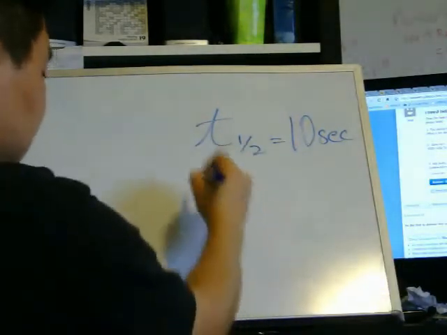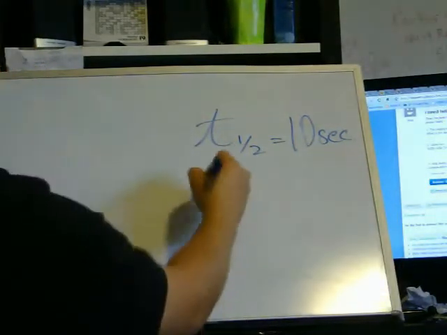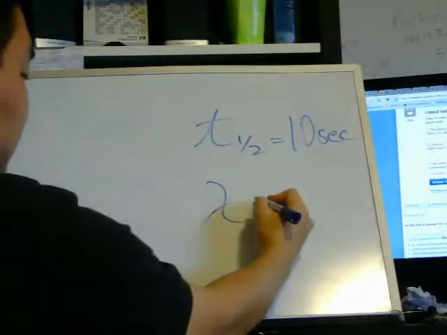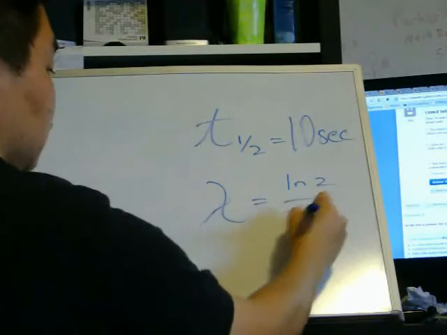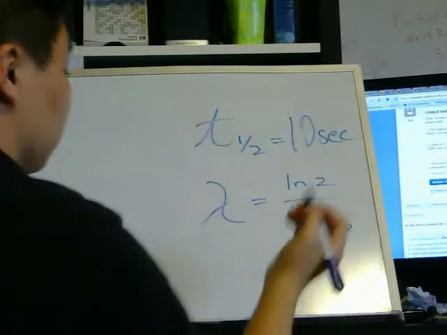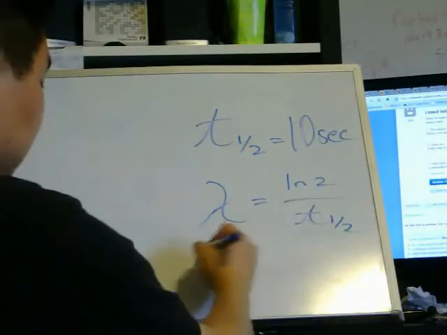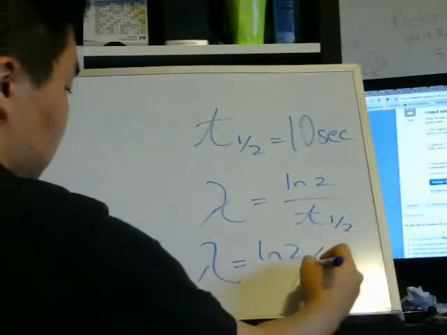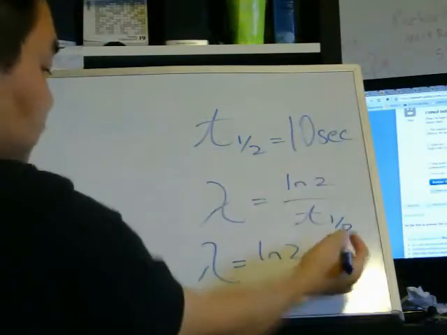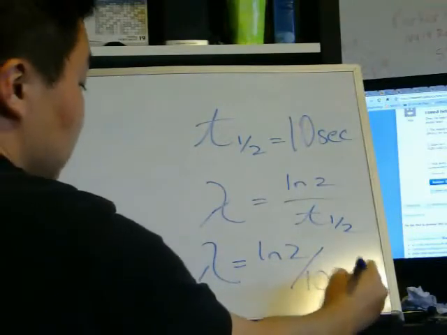So the decay constant, by equation, equals natural log 2 over your half-life. If you plug that into the calculator, your decay constant is ln of 2 over the half-life of 10 seconds.